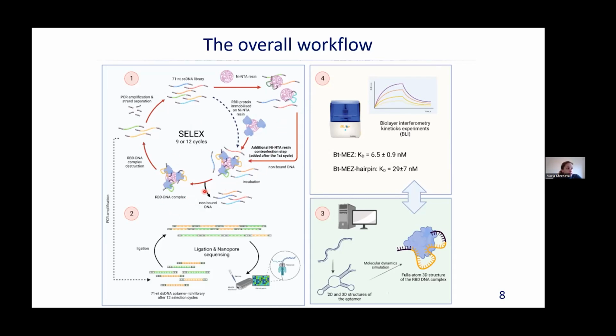So usually a SELEX procedure is about 10 cycles, so that leads to the considerable enrichment of the sample with the prospective oligonucleotides.